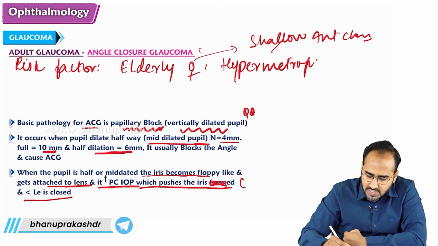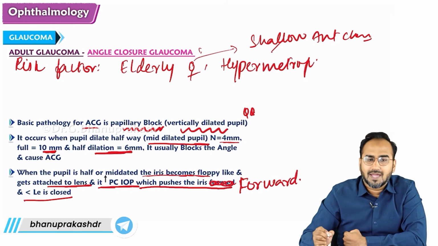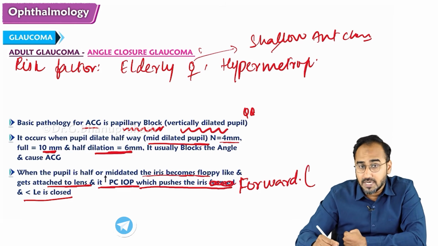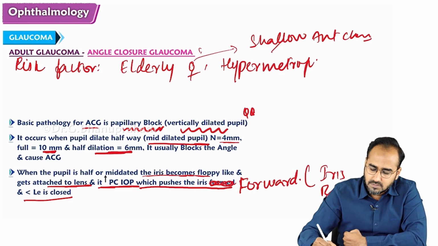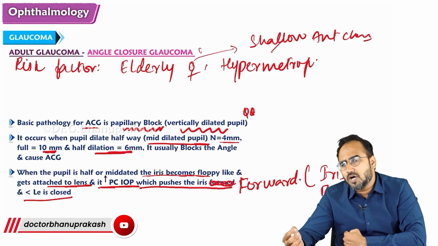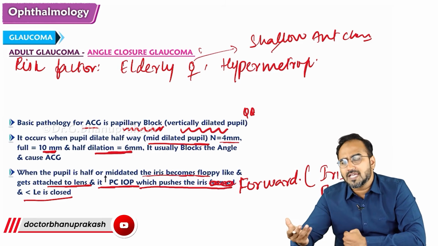This pushing of the iris forward is called what? Iris bombing. Okay? If this is occurring due to some nodules, that is due to uveitis, that is secondary glaucoma.